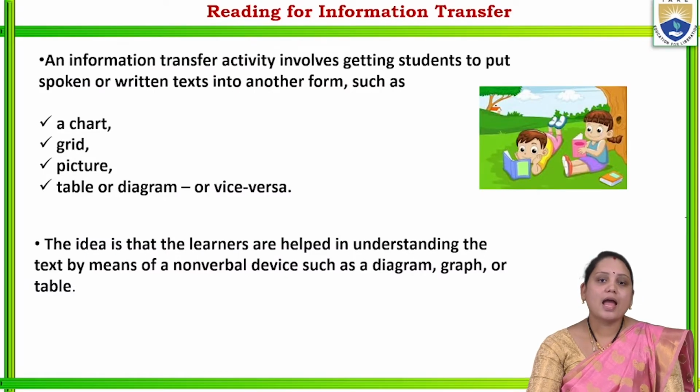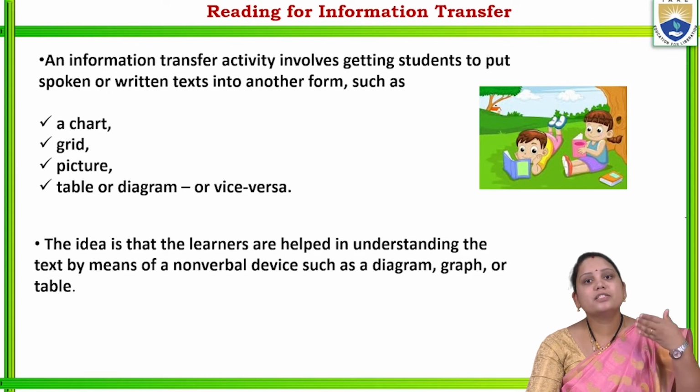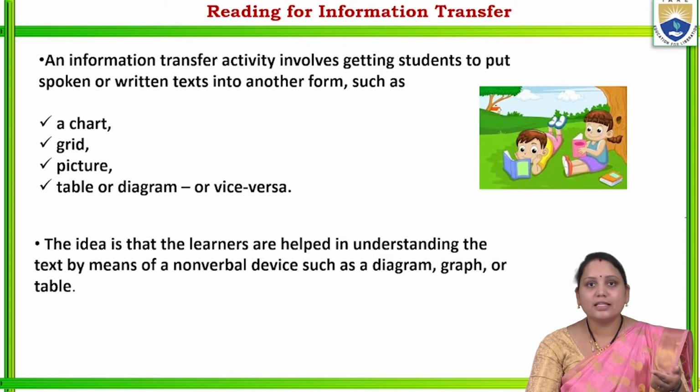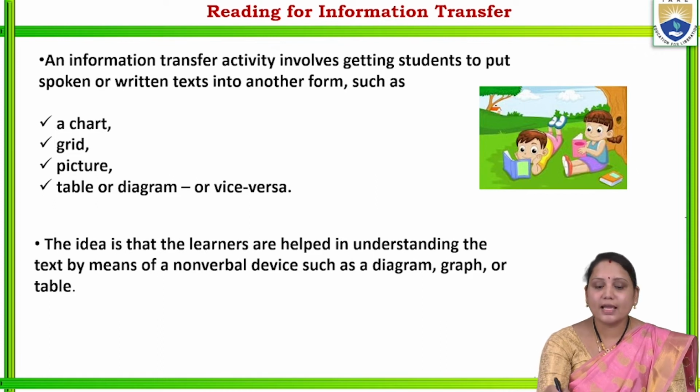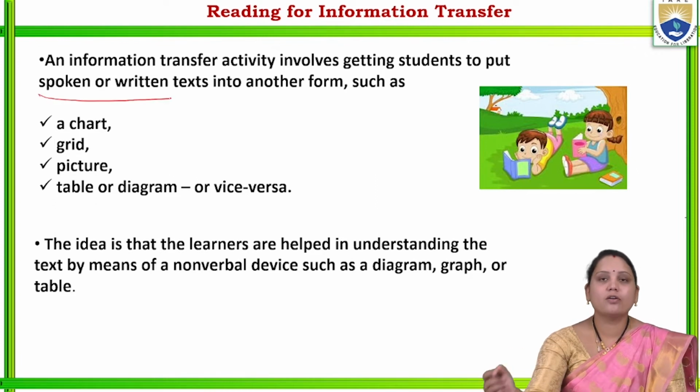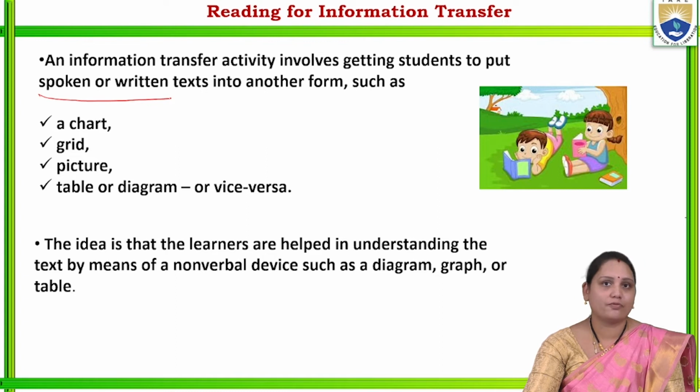Now, what is information transfer? Information transfer is nothing but transferring the information, the message, from one entity to the other. That is, an information transfer activity involves getting students to put spoken or written text into another form.